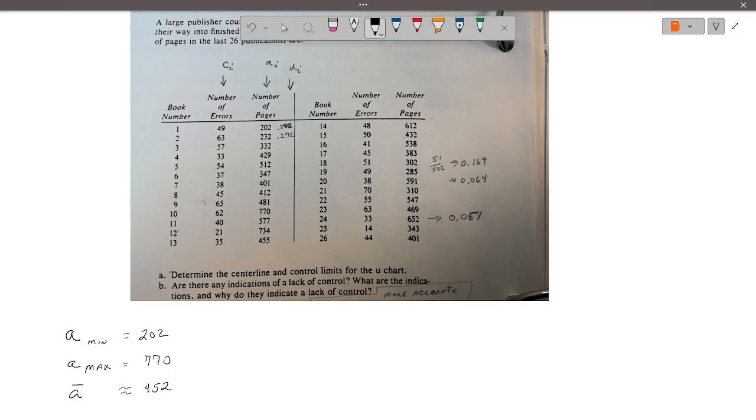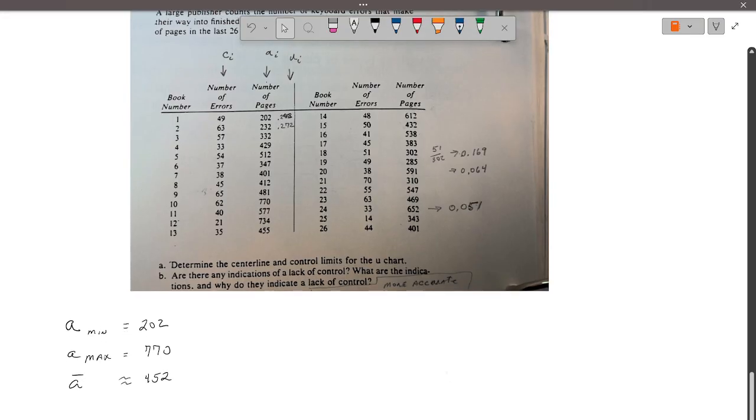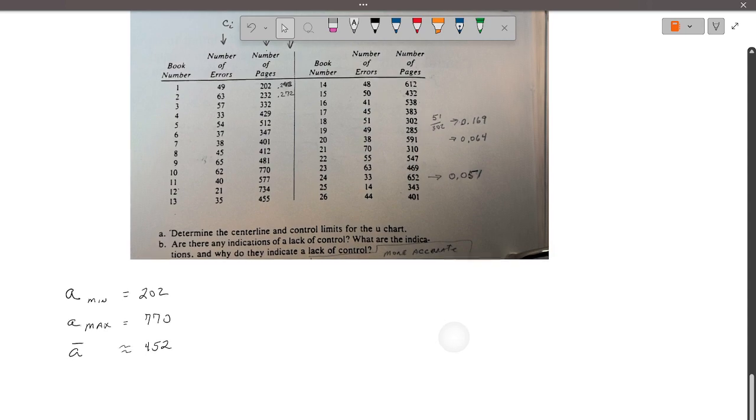Okay. All right. So we got our C sub I, our counts. We got our area sub I, and then we calculate a U sub I for each of these. Okay. So we're going to do that over here, and then we will give you some examples to this.